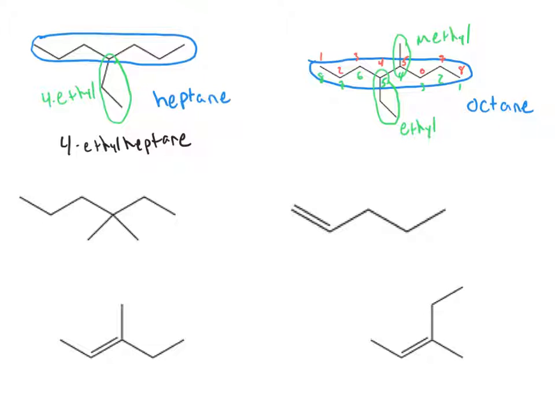And so in this case, we're going to choose our numbering from left to right, as that also gives us a lower number for ethyl than it does for methyl, which is written first. And so we will end up with a final name of 4-ethyl, 5-methyl octane.